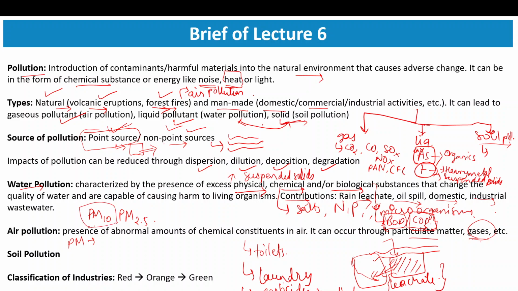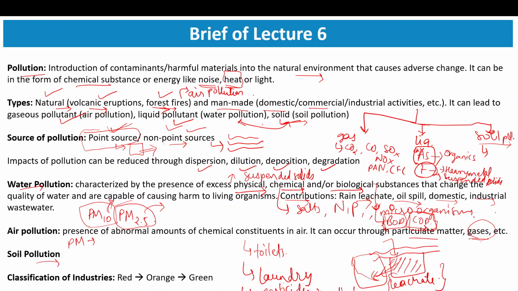If it is bigger, say PM10, then it can be inhaled, but it can be blocked by the nose because it is somewhat bigger. PM2.5 can penetrate till our lungs. So depending on size, it can enter our body, and if more and more is taken in, it will damage our lungs. It can cause bronchitis, asthma, etc.